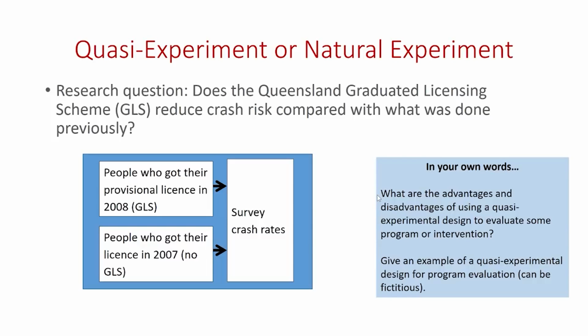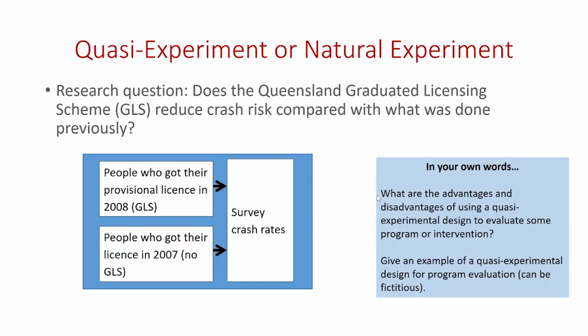So the advantage of this is that it's doable, in the sense that to do this sort of study as a true experiment would be really, really, really hard. There would be the practical issues: we're talking about tens of thousands of people going through this licensing scheme. But you've also got the ethical issue with doing your random assignment.